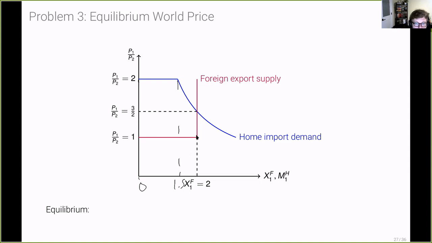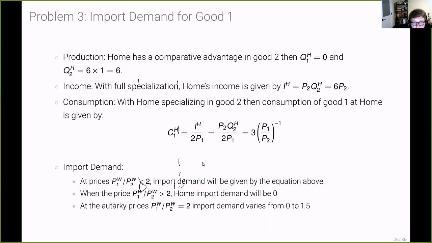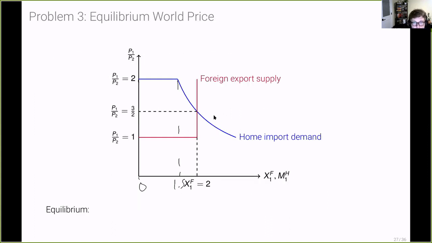Foreign's export supply is going to go from 0 to 2 when the relative price of good 1 is equal to 1. And then it's going to be fixed at 2 units otherwise. And then home's import demand, when prices are less than 2, is going to be given by this expression. So it's going to be 3 (p1 over p2) inverse. And so when we want to figure out what, for instance, the price is going to be, we just need to look for the intersection between these two curves.